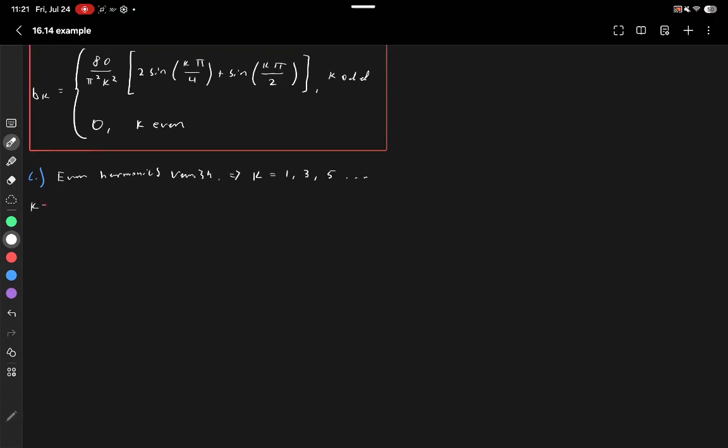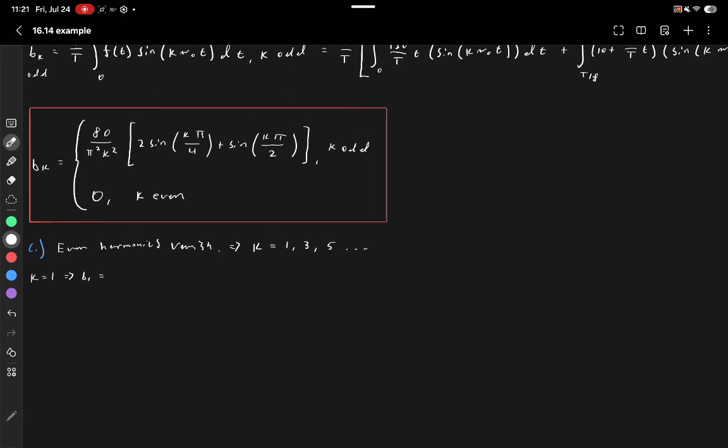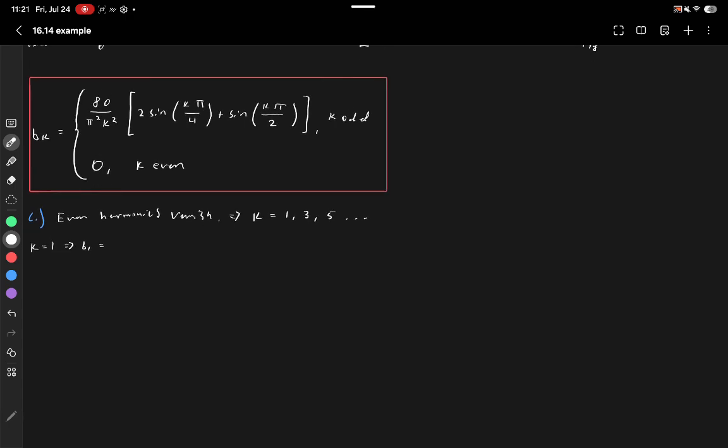For k equals 1, basically what we're going to be doing is finding the b sub k values for that specific k, and that is quite literally just taking this 1, plugging it in to these k's here. Just a bit of calculator work. First, I get 19.569.